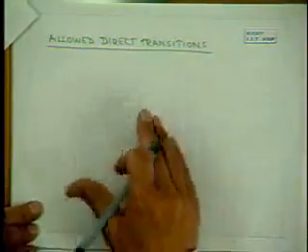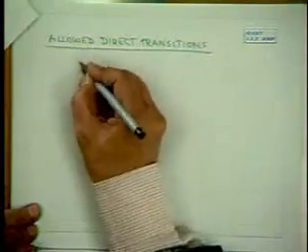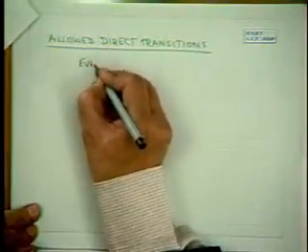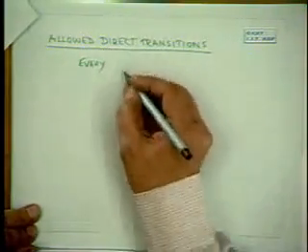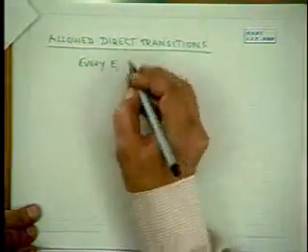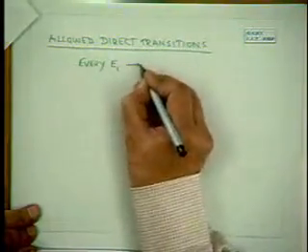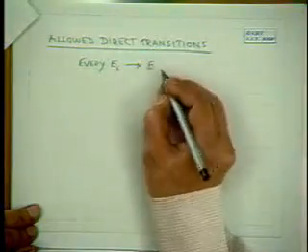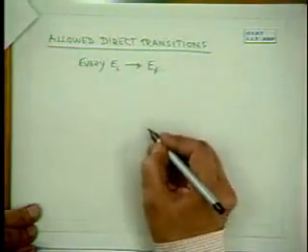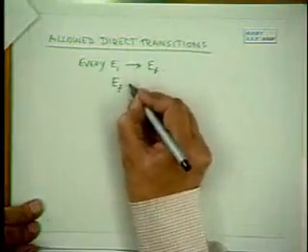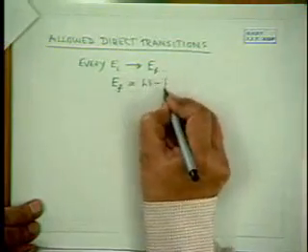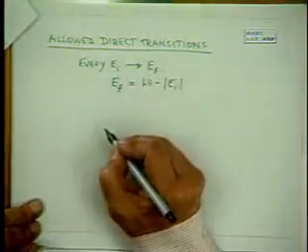We can say that every initial state at EI can give rise to an electron at an energy EF if the difference in energy is given by the energy of the photon.